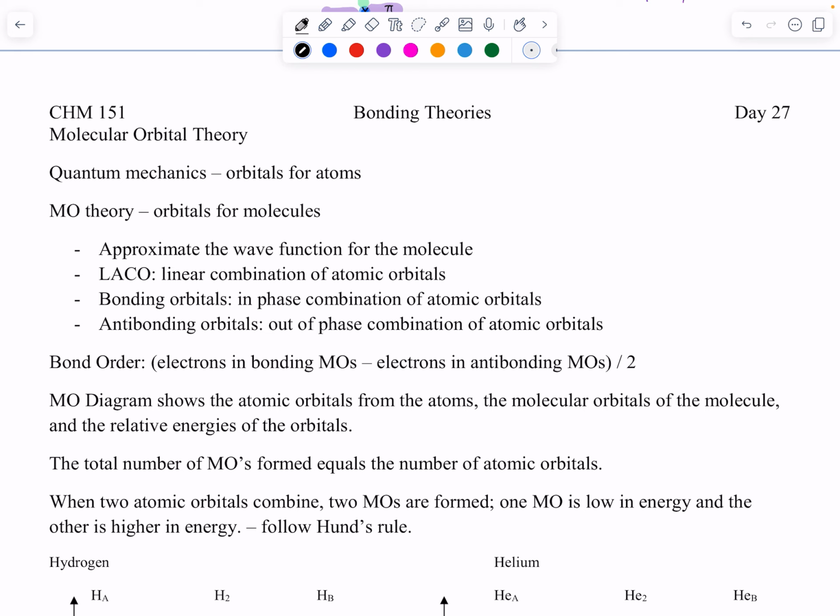And since we want new atomic orbitals for the molecule, right, we approximate a wave function for the molecule instead of the atom. And so both theories, valence bond theory and MO theory, have their applications, and they both have their weaknesses, and they both have their strengths. All right, and so MO theory, we talk about this as orbitals, waves, right?